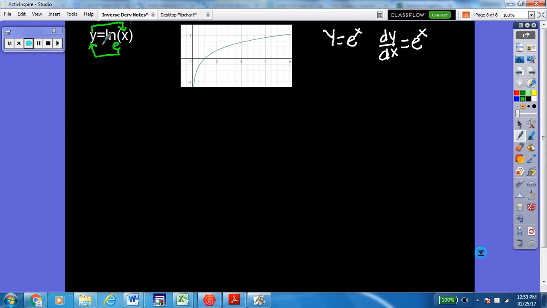This is just the way that you change log into exponential. So e to the y equals x. That might be the part that you remember the least, but from here on out it's going to be better.